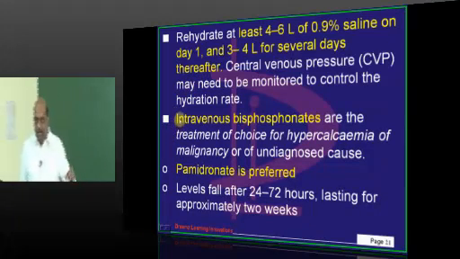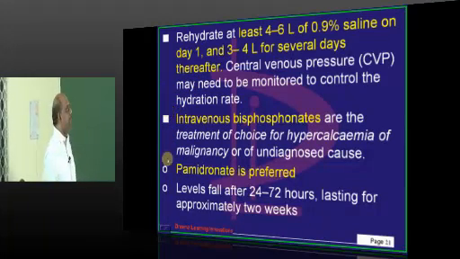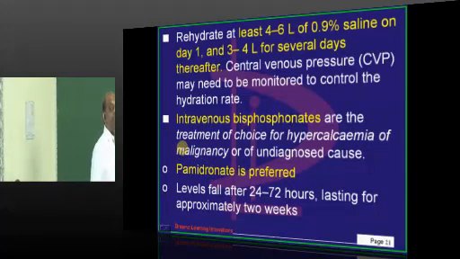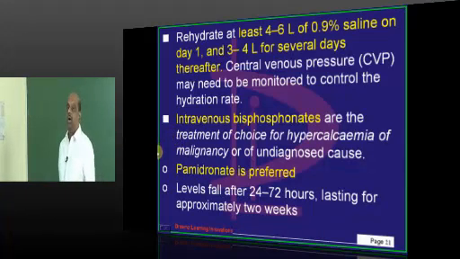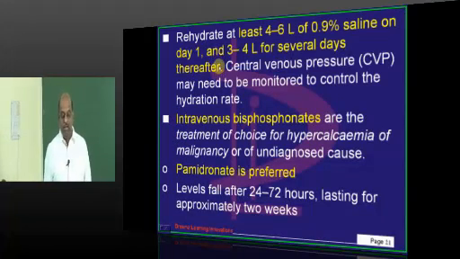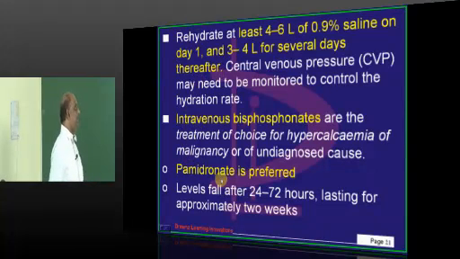Then intravenous bisphosphonates are a very important drug which are considered the treatment of choice for the management of acute hypercalcemia of malignancy, or if the underlying etiology is unknown, there also there is a role for intravenous bisphosphonates.